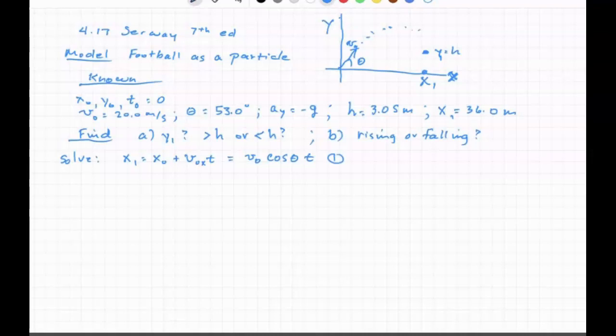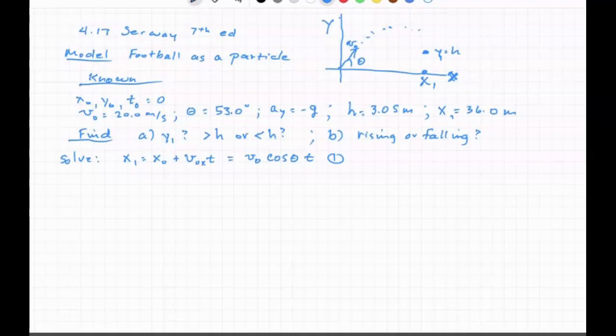And then equation 2 is for motion in the y direction. Well, we want to find out what its vertical position is at time t1 or t.